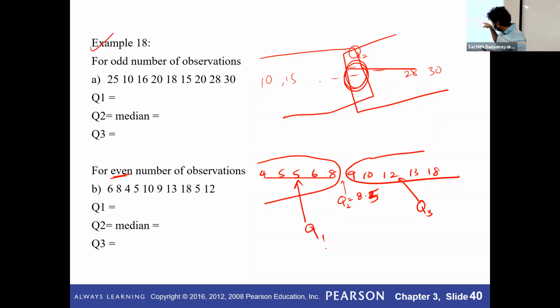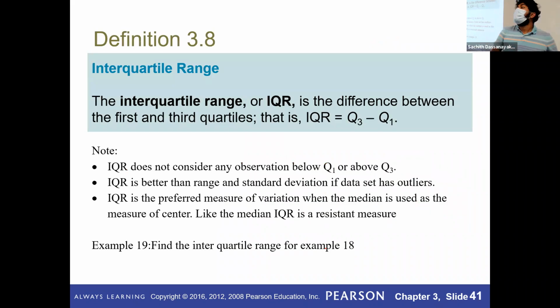Since we are dealing with medians, Q1, Q2, Q3, all three of them are medians. So the quartiles are some sort of resistant measures as well, because they are medians. We will talk about them later.